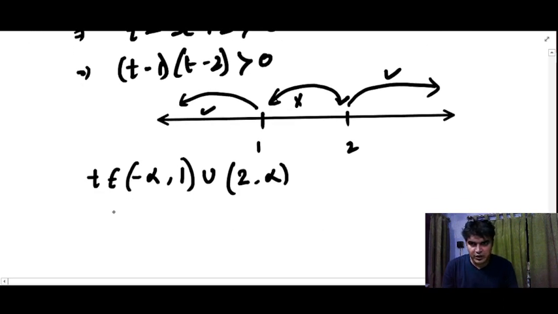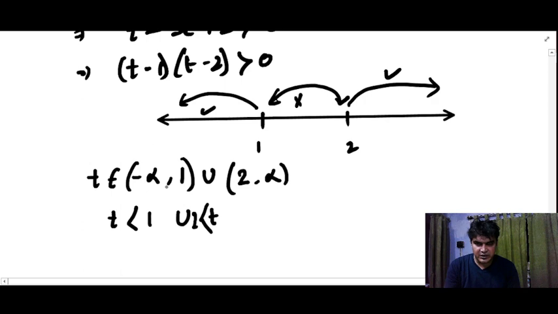So from here, t is less than 1, and also the value of t is greater than 2.